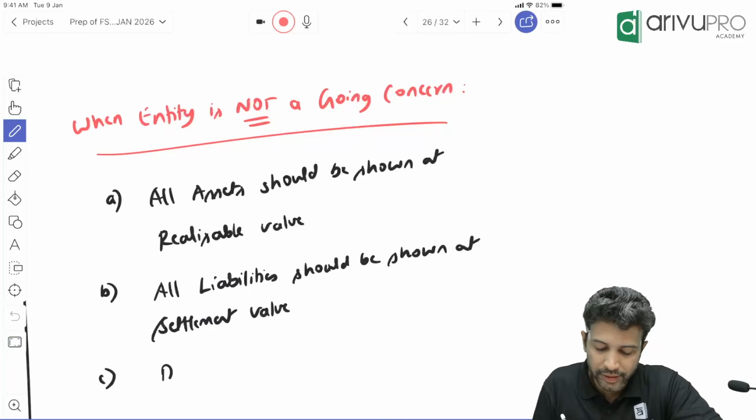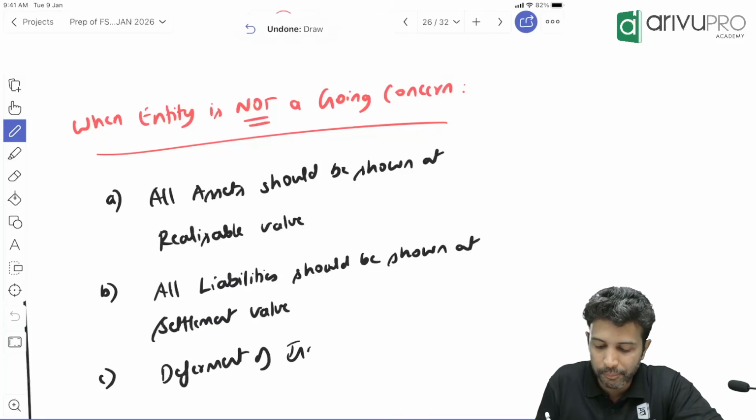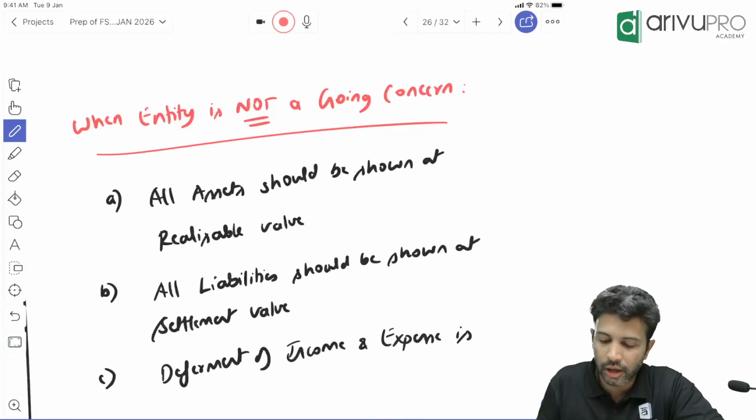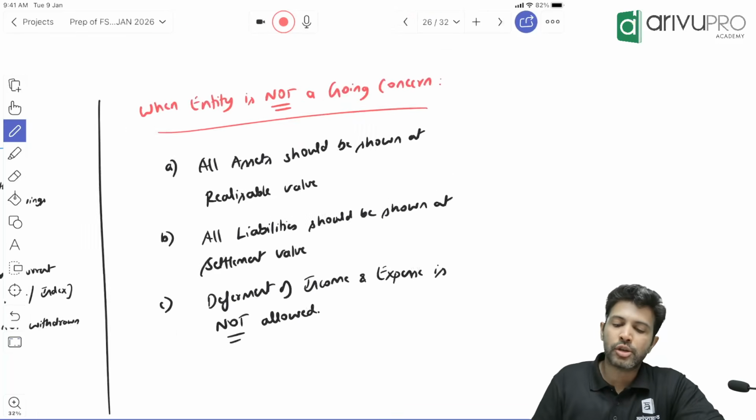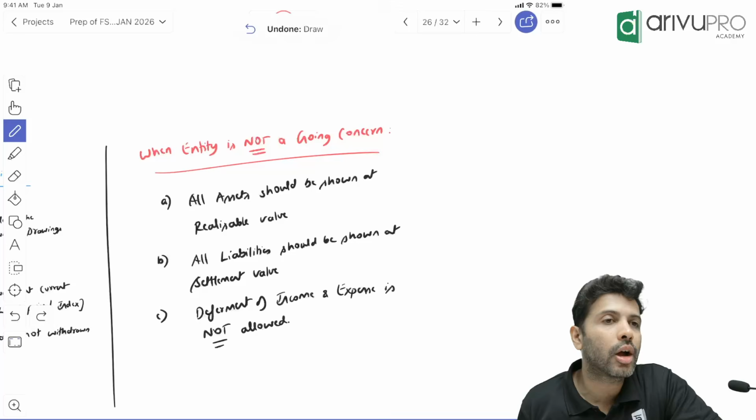Point number 3, deferment of income and expense is not allowed. This you will do only when the entity is not a going concern.